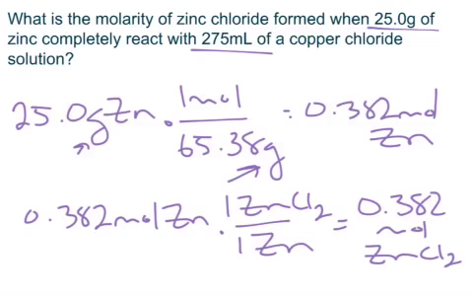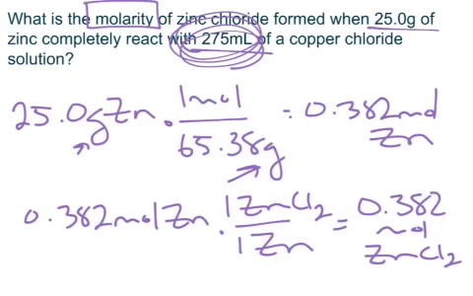All right, so the question did not ask you for mass of zinc chloride, which means it would not be right to multiply by ZnCl2. It did not ask you for the volume of zinc chloride, because it's already told you what the volume is. What it asked for was molarity, which is moles per liter. And if we're assuming that the volume of water stays constant, we just figured out moles.